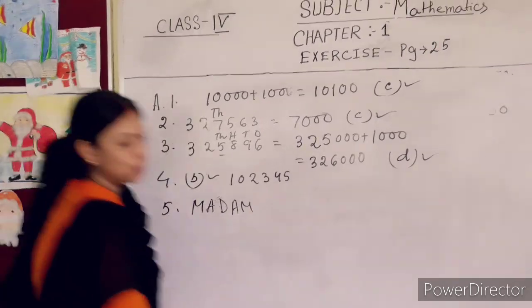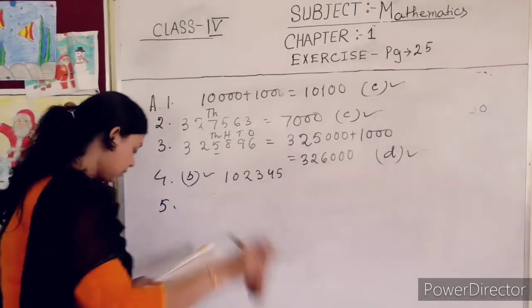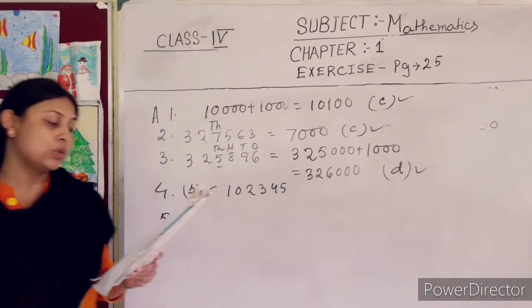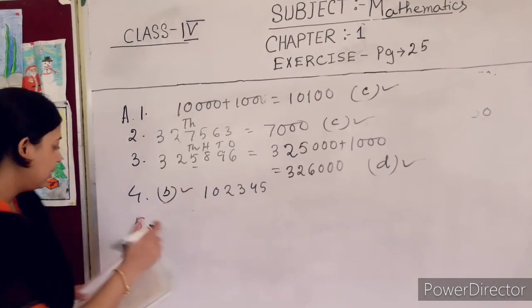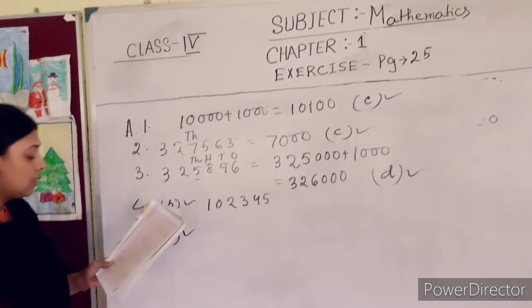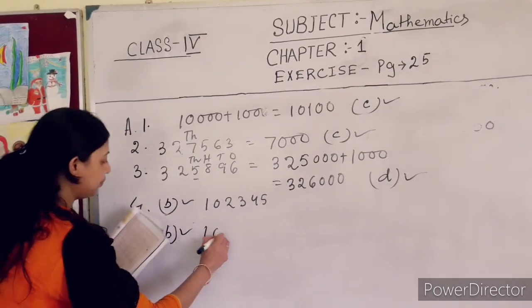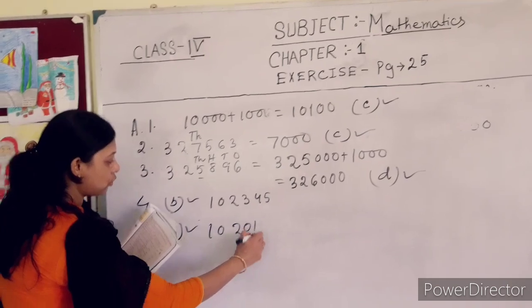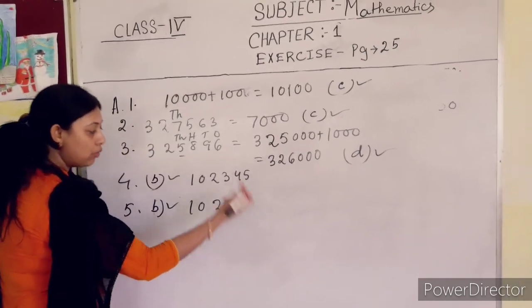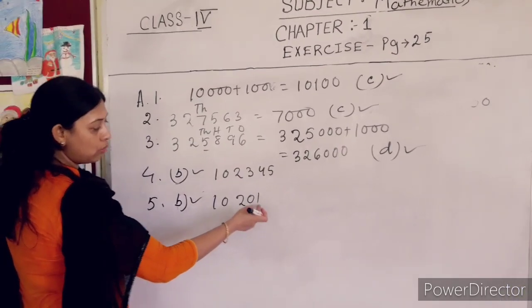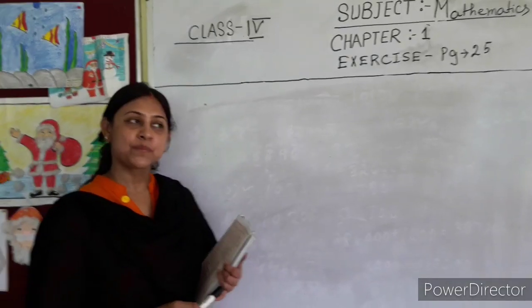So this is known as a palindrome. So which one is the palindrome? Here option B is a palindrome because 1, 0, 2, 0, 1. When you count from forwards, it will be 1, 0, 2, 0, 1. When you count from backwards, it will be 1, 0, 2, 0, 1. You practice.